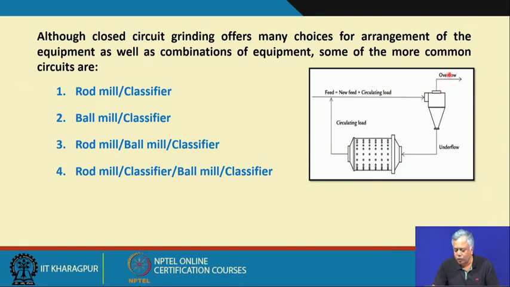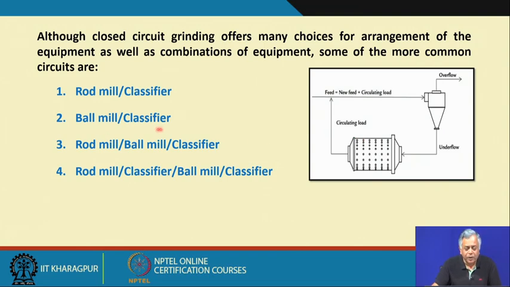The undersized, relatively coarser material coming through the cyclone underflow, you can send back here. So, that could be the circulating load in that case.